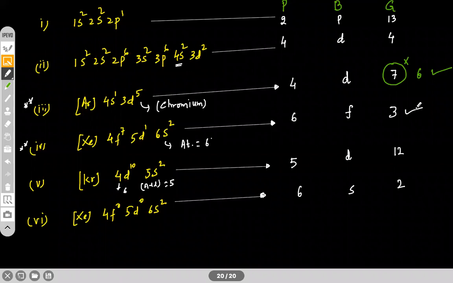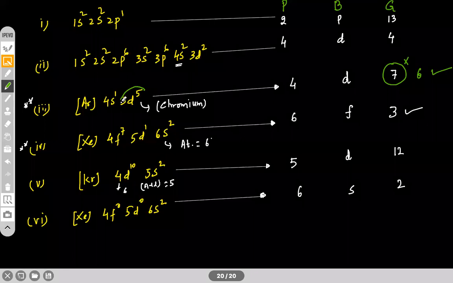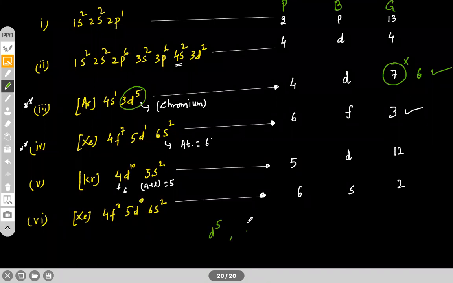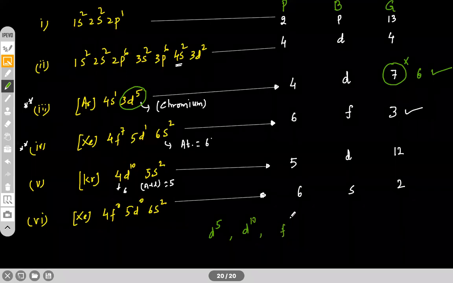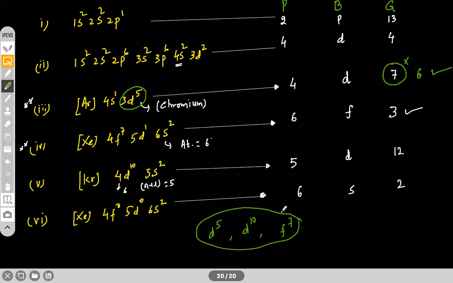So one simple hint I'll give you here. In this kind of question, I have already given you the formula, that is fine. But whenever you see D5 configuration, D10 configuration, or F7 configuration, then you have to be a bit careful while using the formula.